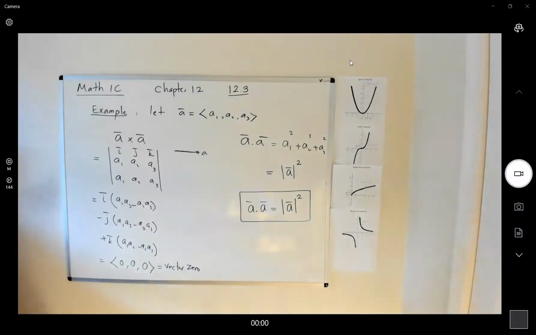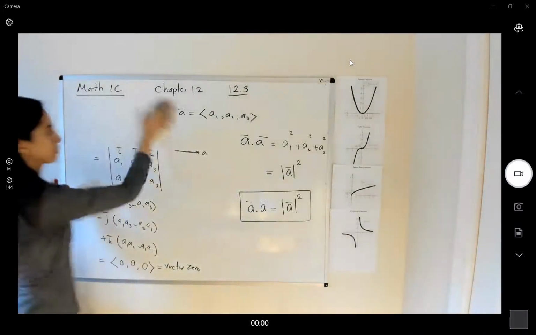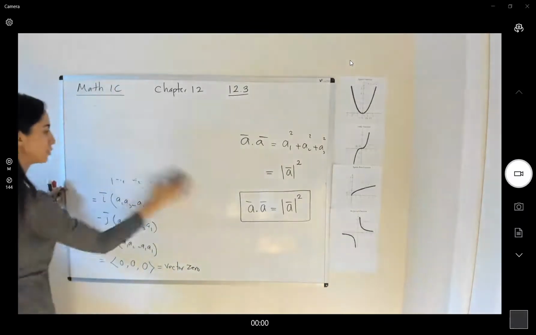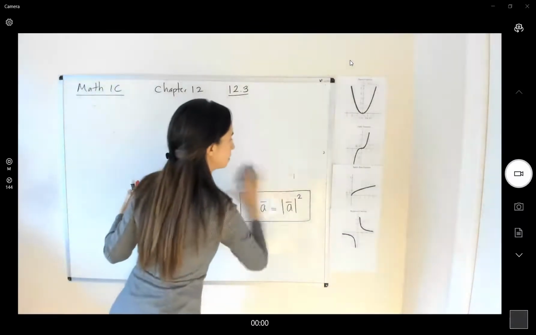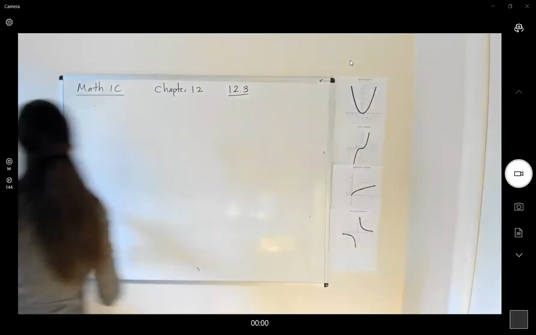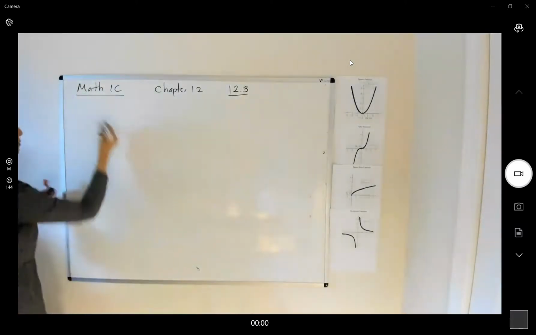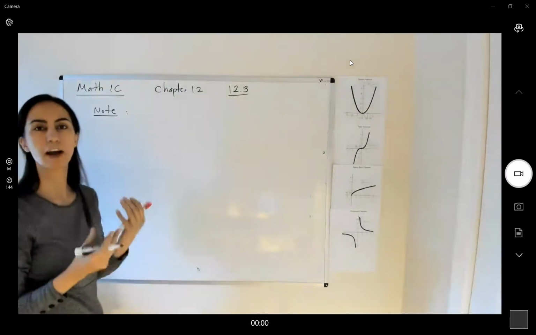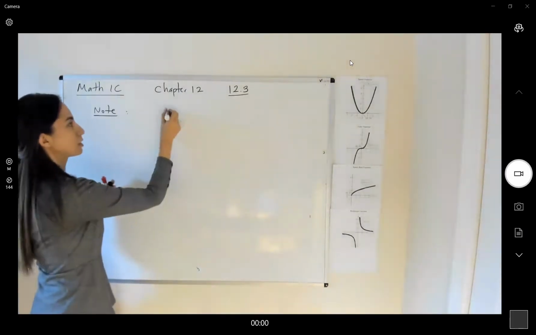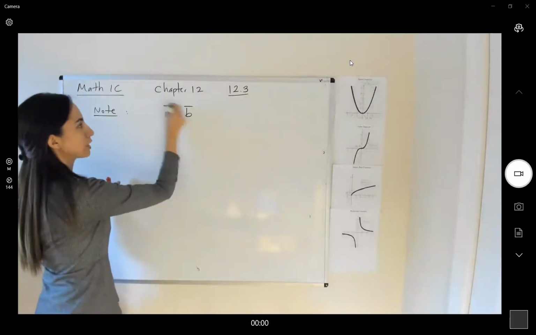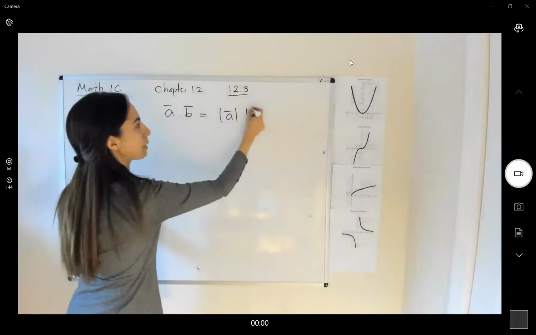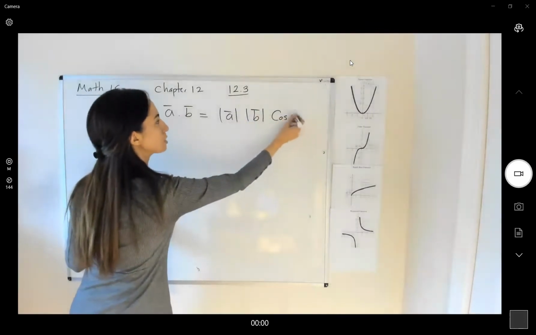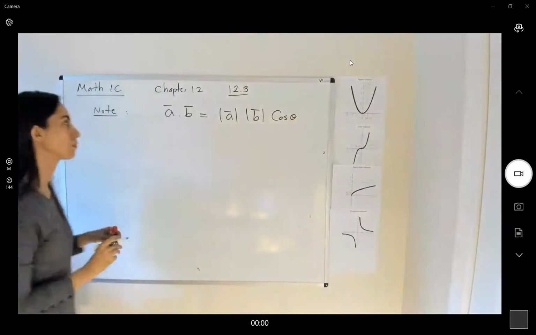Okay, one note for you. Note that we already learned that if you have two vectors, the dot product between these two vectors can be written as the magnitude of the first vector times the magnitude of the second vector times cosine theta.